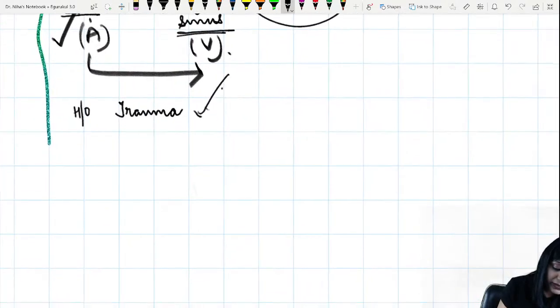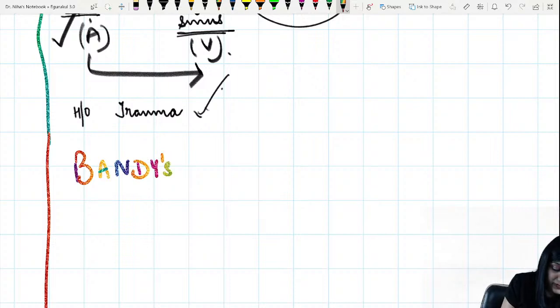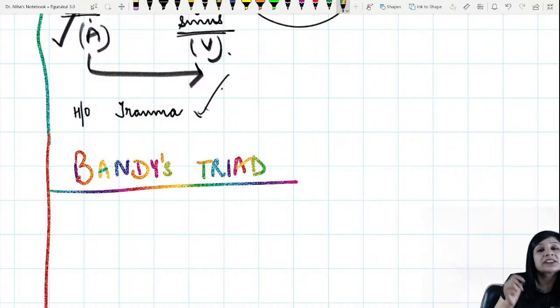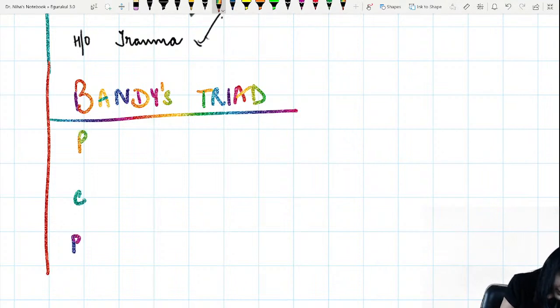Plus another important thing is, when you want to make a diagnosis, here you should have a typical triad. This is your bandage triad. If you have this triad, it becomes very easy for you to make this diagnosis. This is PCB.